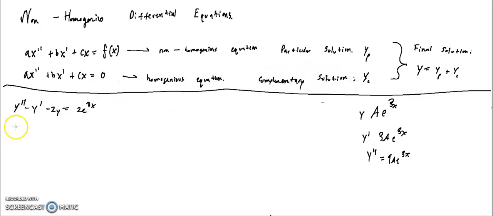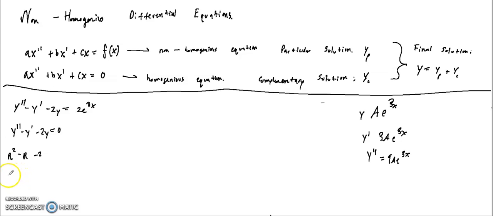So what we do is we treat this as what we've been doing before. We've done it a million times by now. We just treat this as a homogeneous equation where it equals 0. And the beauty about that is we can just factor it, r squared minus r minus 2.